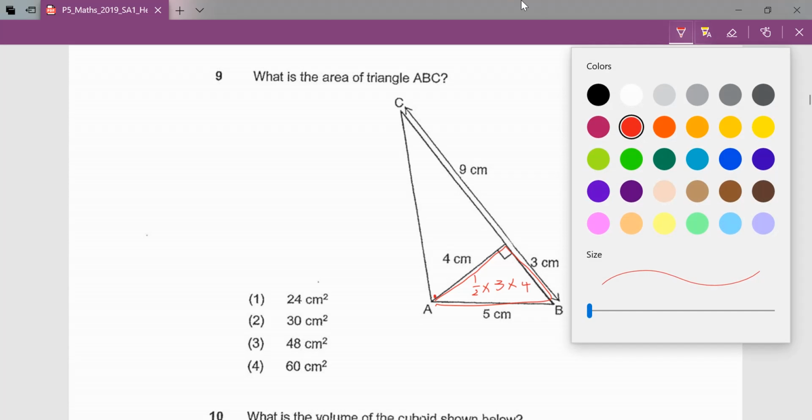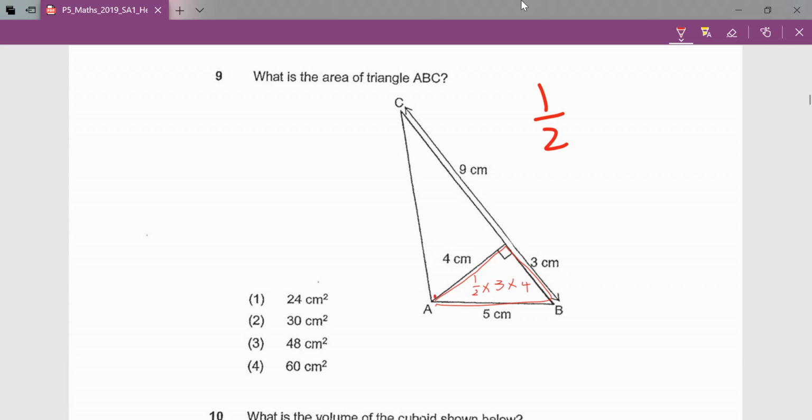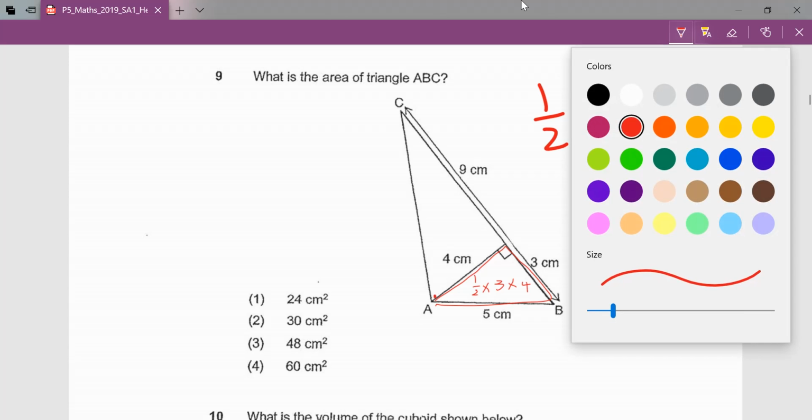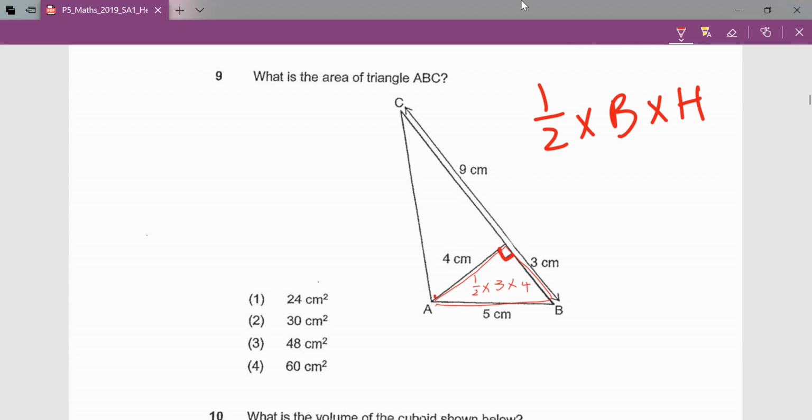Remember, your formula for triangle is half times base times height. Alright, and it has to be a right angle as well. If it's not a right angle, then you can't just apply the formula like that. You have to make sure the height is a vertical height, a perpendicular line basically to the base. The height must be perpendicular to the base in order to apply this formula.